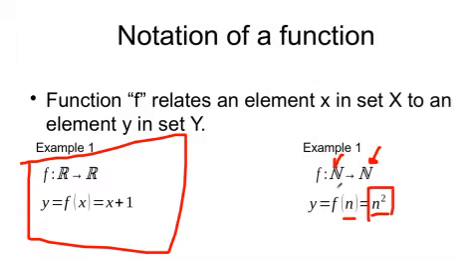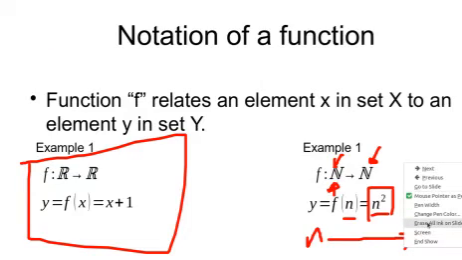Take any element n from the natural numbers and it is mapped to n squared. You can check whether this is true. Say for example 2 is a natural number. 2 is mapped to 2 squared. What is 2 squared? 4, right?